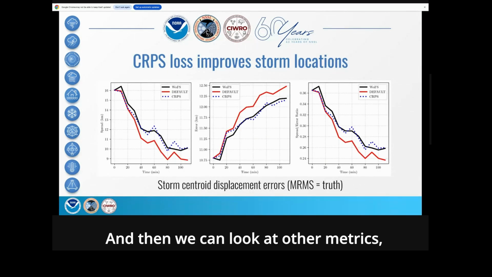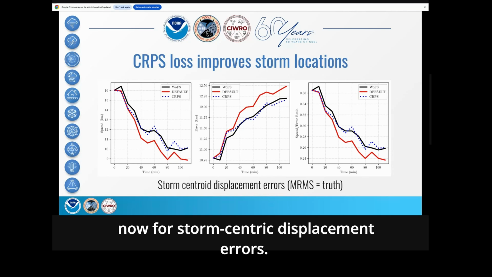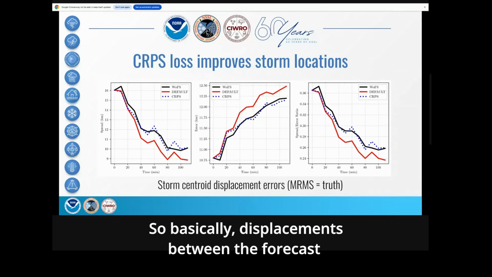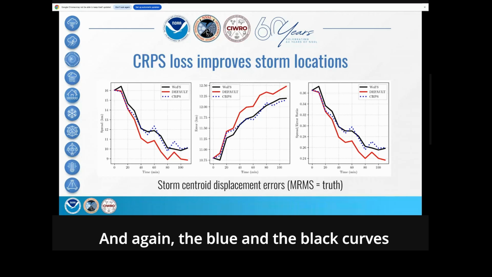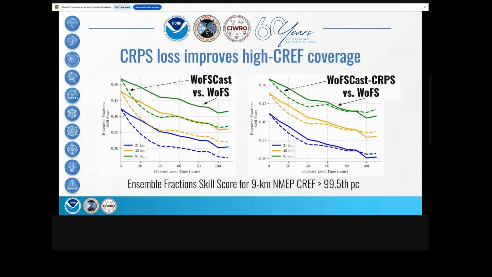And then we can look at other metrics, like these spread error plots now for storm centroid displacement errors. So basically displacements between the forecast and MRMS storm objects. And again, the blue and the black curves are pretty much on top of each other.